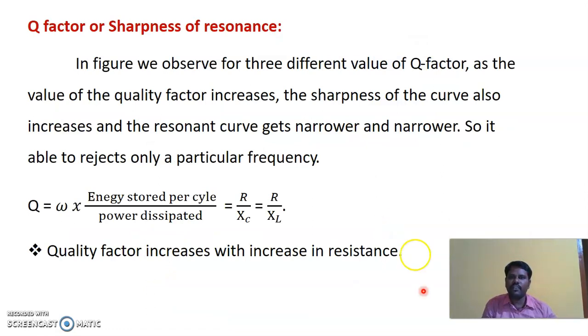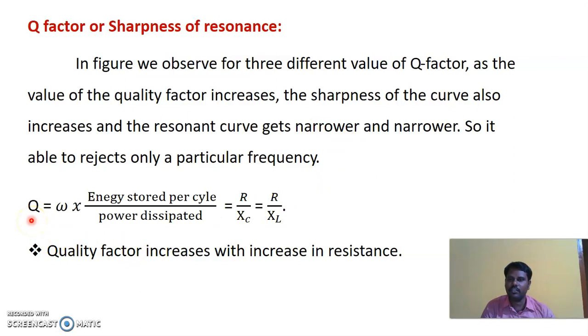So in the figure we have seen, with the increase in the quality factor, the sharpness of the curves also increases. The resonant curves get narrower and narrower, so it is able to reject only a particular frequency. Hence it is called a rejector circuit.